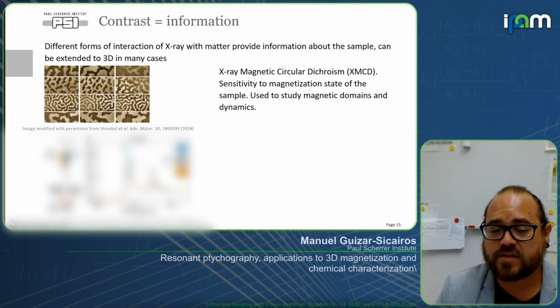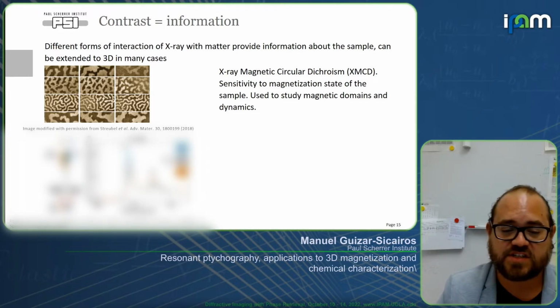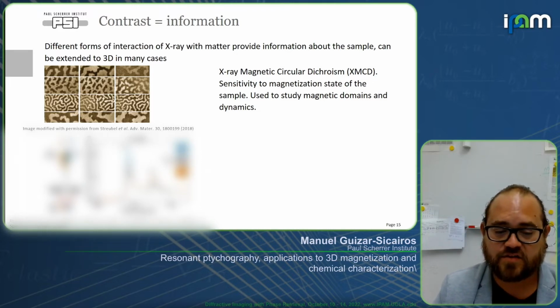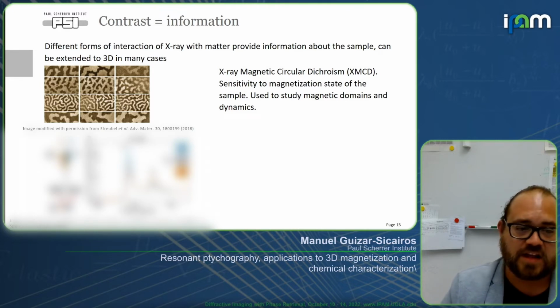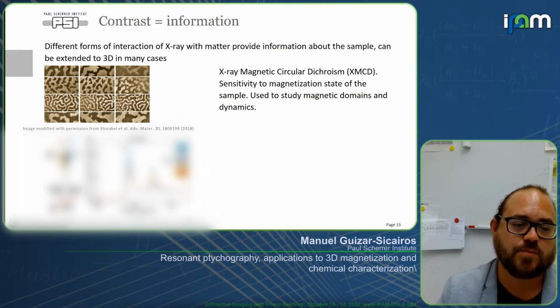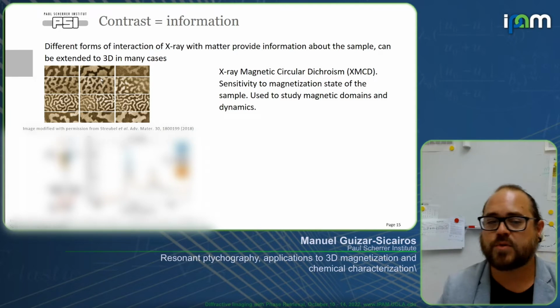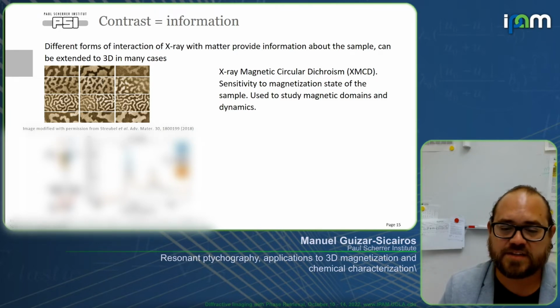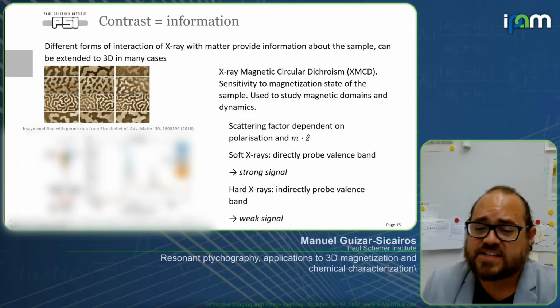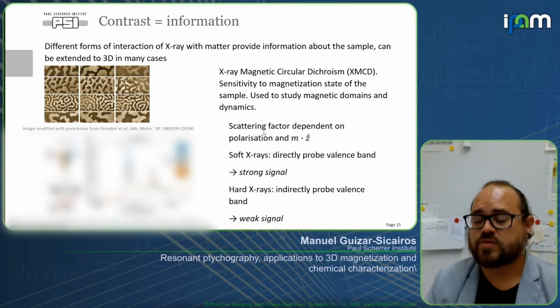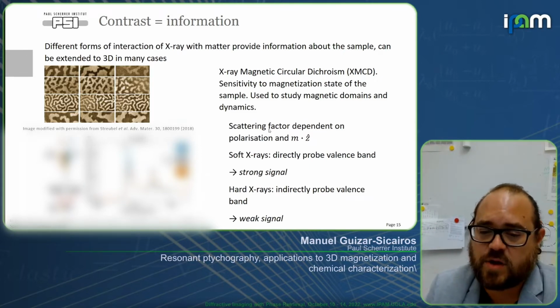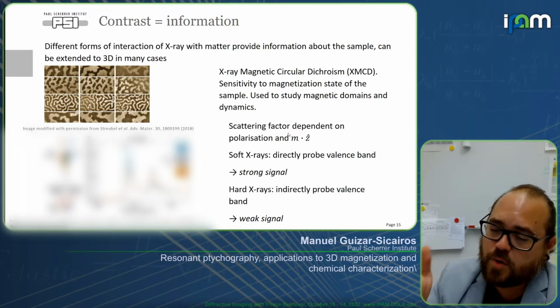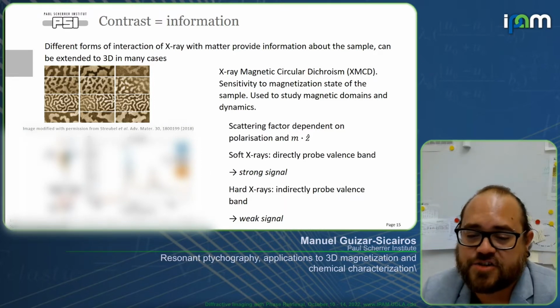If it's perpendicular, then you get no enhancement of this absorption, and if it's antiparallel, then you get a decreased absorption. And here, for example, is an example of two-dimensional imaging of thin samples, where you can see the different magnetization domains. So the scattering or the absorption factor depends on the Z component of the local magnetization.